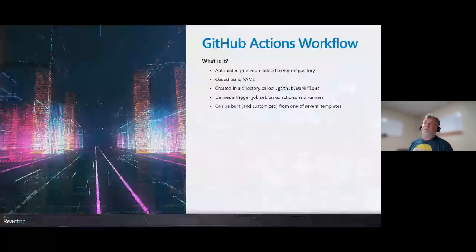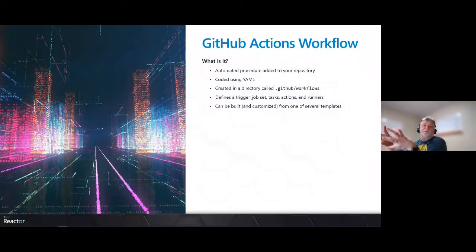So, GitHub Actions workflow. This GitHub Actions workflow is going to be an automated procedure that gets added into your GitHub repository. It gets added into a specific folder called .github/workflows. It's coded using YAML, which if you've ever done any Azure DevOps, YAML is very prevalent in the DevOps world. And the YAML that defines the workflow is going to define triggers, when should it execute or kick off.